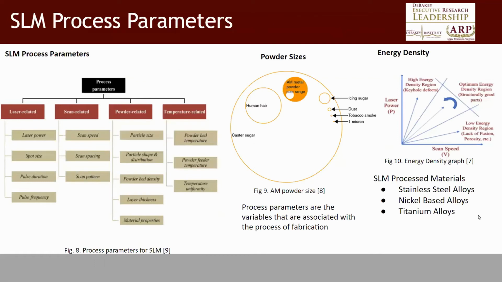SLM process parameters are those variables that are involved with the fabrication of metal parts. There are over 100 process parameters involved in the method of selective laser melting. There are 4 major categories that SLM process parameters can be broken down into. The powder you observed in the last slide has many variables that are involved in fabrication of parts through SLM.